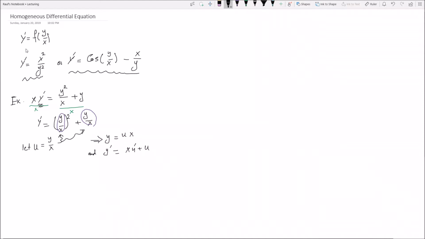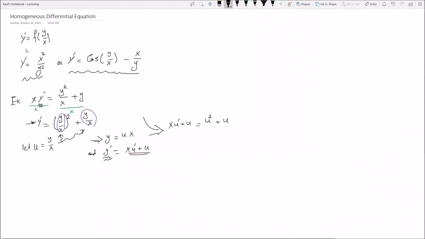So we plug in u as a replacement for y over x on the right side of the equation, and we replace y prime with these values. This will give us the new form of the main equation. So y prime, in this case, equals x u prime plus u equals u squared plus u.